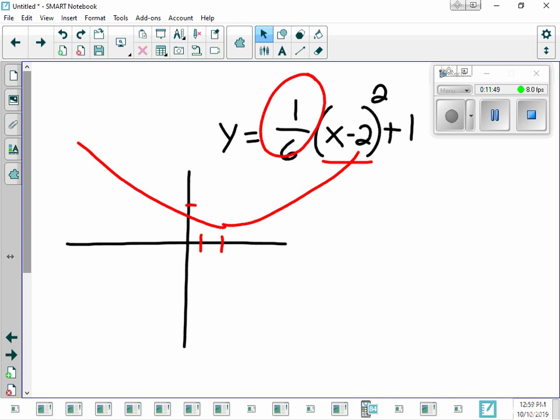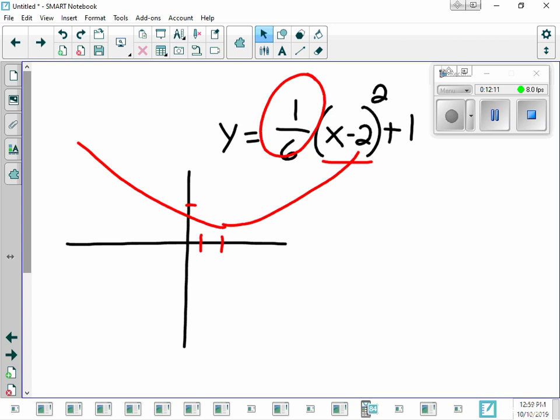Okay, do you guys get that? Where is the vertex? The vertex is 2, 1, and the axis of symmetry, x equals 2. The line that divides it in half is called the axis of symmetry. That's where it's symmetric.